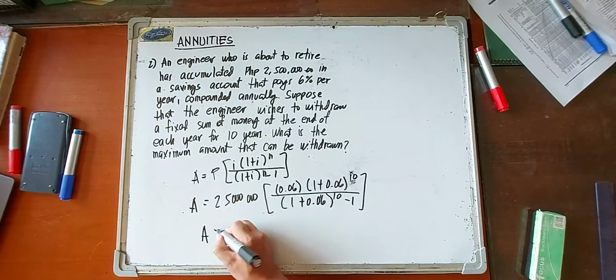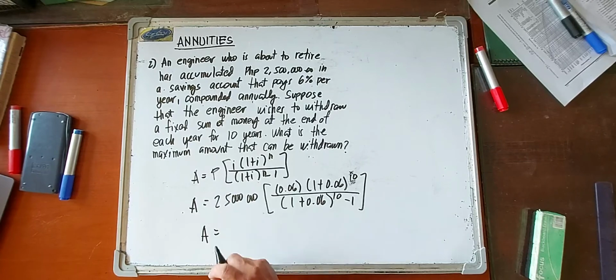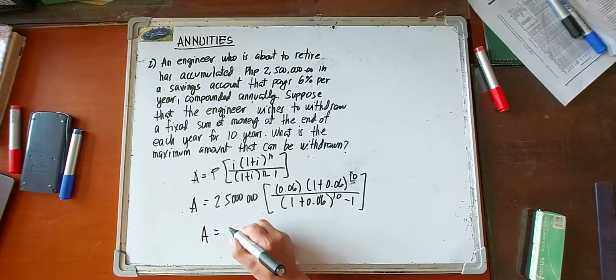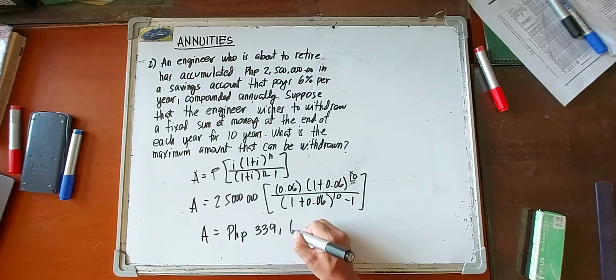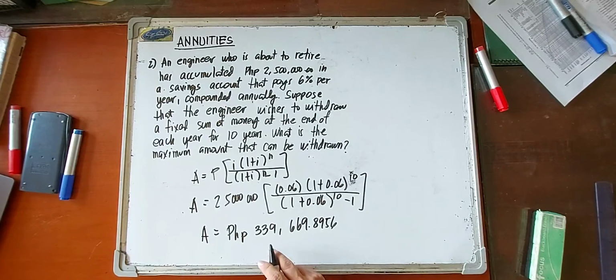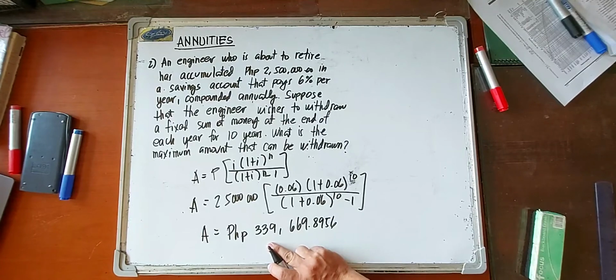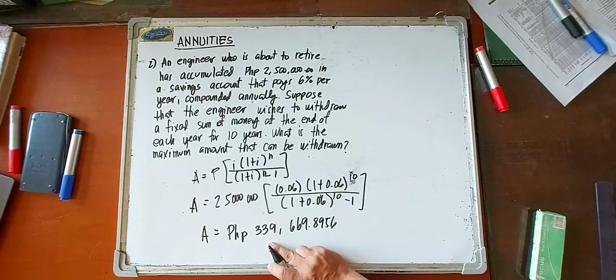Okay, so the annual payment that would be received by the engineer is 339,669.8956 pesos. Okay, ito yung marireceive niya every year kapag in-invest niya or in-deposit niya yung 2,500,000 to the account.